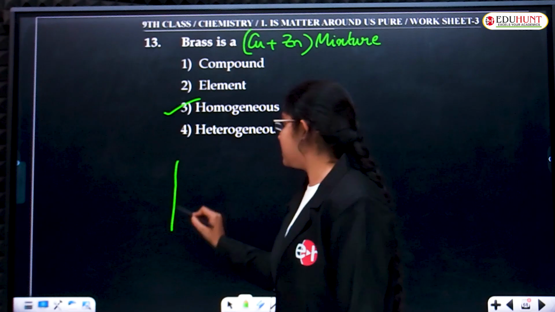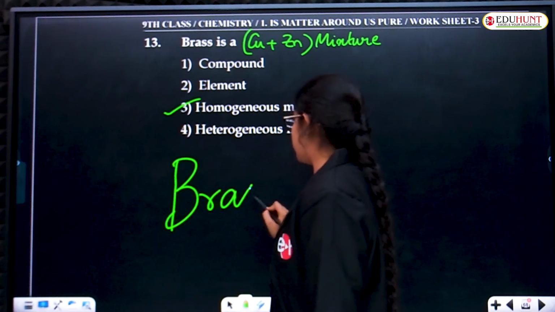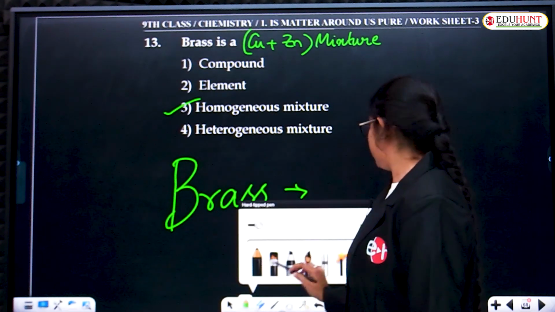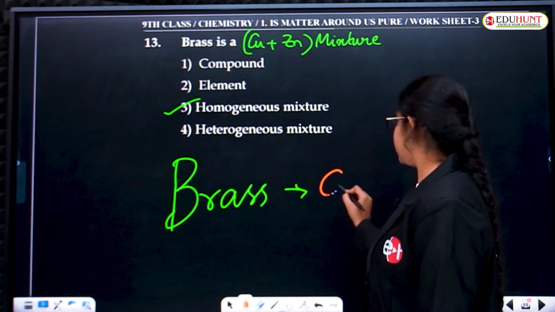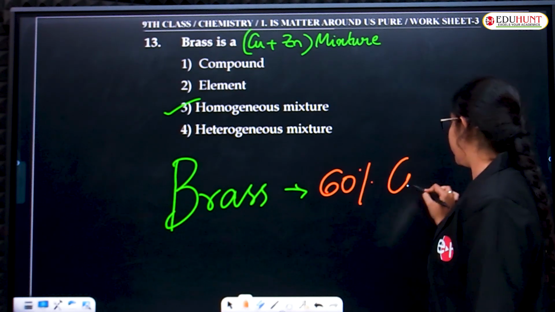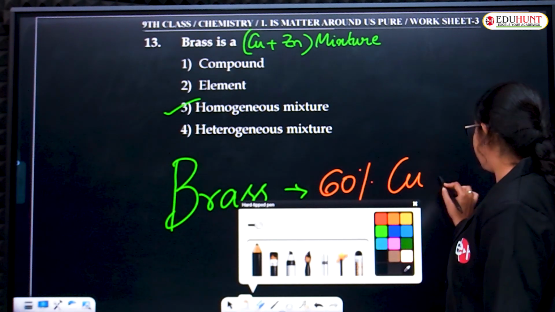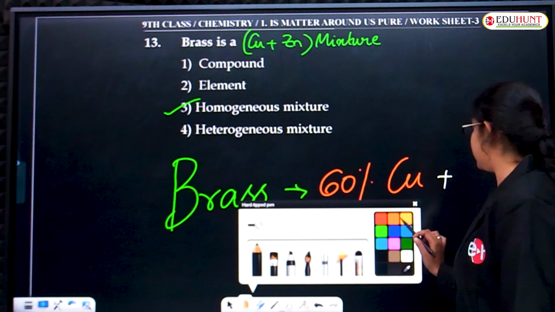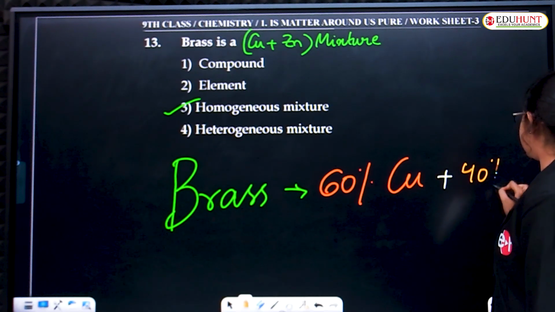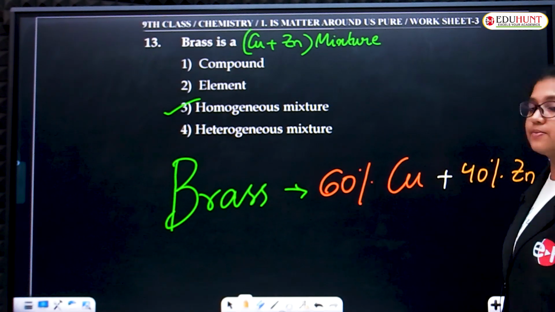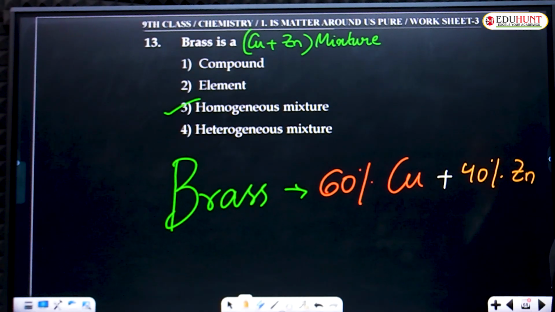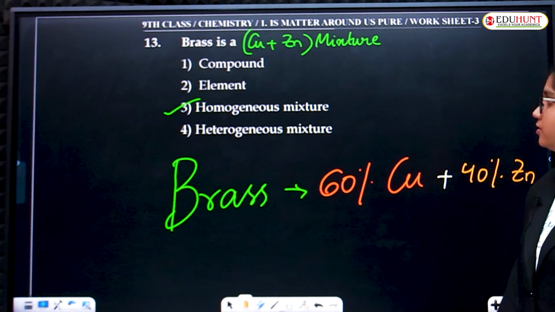So brass is a mixture of 60% copper, Cu means copper, plus 40% zinc, Zn means zinc. Okay. So option 3 is true, homogeneous mixture. Okay.